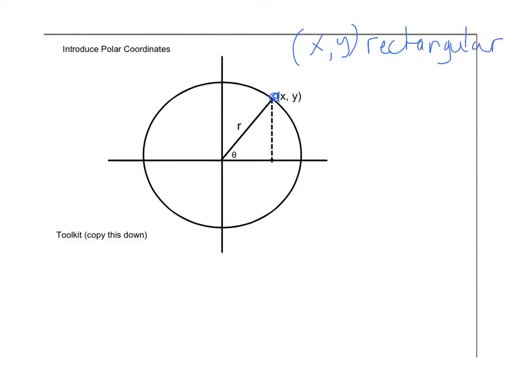There's another way to graph this point using angles, and these are polar coordinates. Polar, like the ice caps. Polar coordinates are the length of the radius of the circle, and the second coordinate is theta, or the angle from 0. And this is 0 radians or 0 degrees, but starting there.